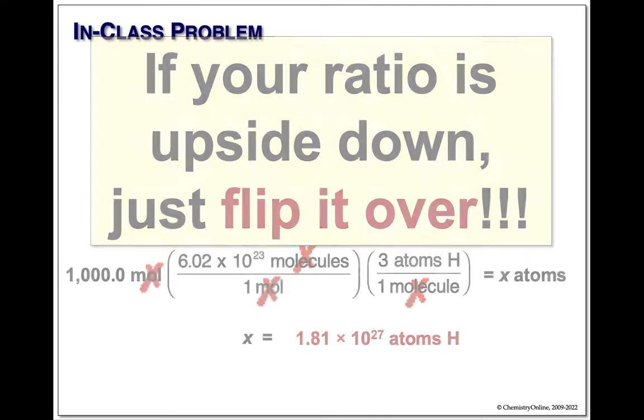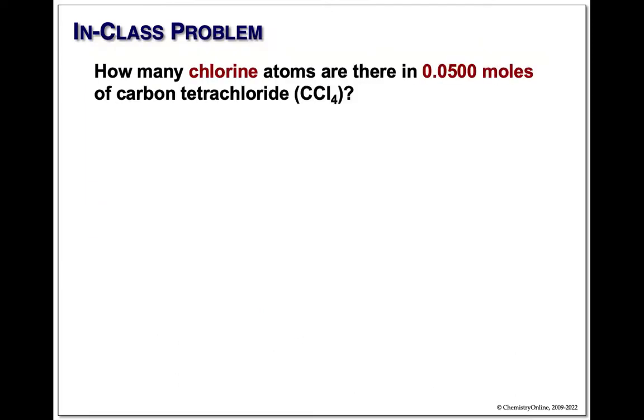Let's do another one. Let's do carbon tetrachloride. We have 0.05 moles. We're looking for how many chlorine atoms there are. Go ahead and see if you can set the thing up.